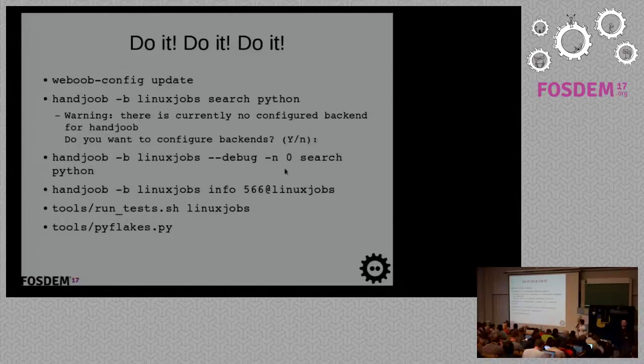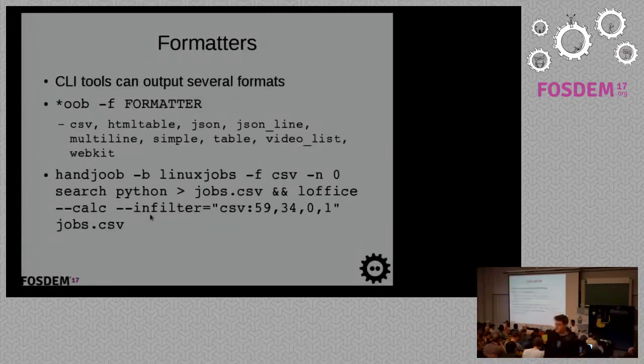You can enter some fields and rerun the search with some more options to debug and whatever. Then you can query the info for this ID at Linux Jobs, and then run the tests. And before you upstream your patches, please make sure you have actually run the tests and the other Python syntax tests are okay.